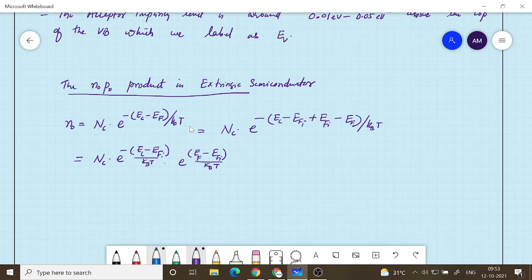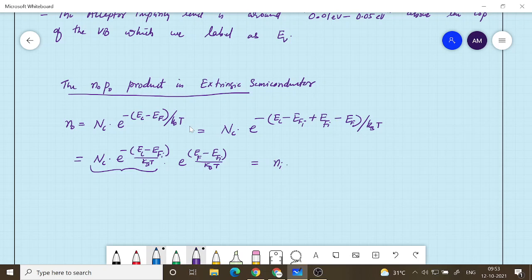kBT here also. Now if you look at the first term, if you combine NC into e raised to minus (EC minus EFI) by kBT, that is basically defined as Ni, which we earlier found, because in the original expression, if it is an intrinsic material, the Fermi level will be called EFI. So if you replace EF with EFI, the concentration of electrons is called the intrinsic concentration.